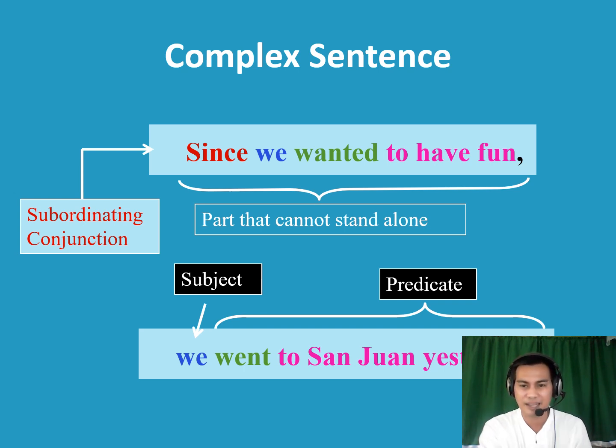It has to rely on the independent clause for its meaning, its existence. Now that's a subordinating conjunction. This is the part that cannot stand alone. It's the dependent. This one is where you have your subject and a predicate. That's one complete thought. That's a simple sentence or independent clause.